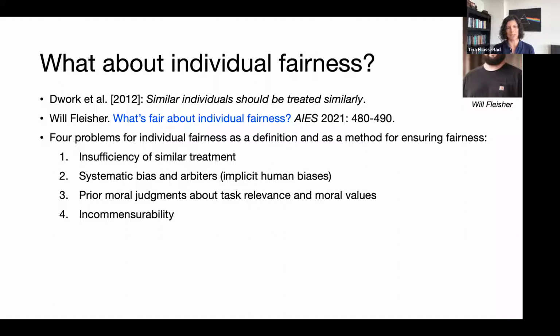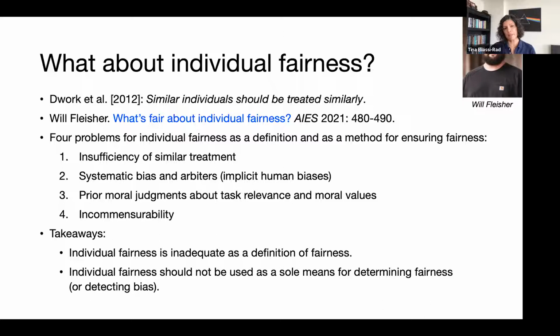This is also where we're working on perhaps one can define a moral distance function. And lastly is incommensurability, that there are things that you can't compare with each other, right? Prestige versus money, for example. There are certain aspects of life that are not comparable with each other.